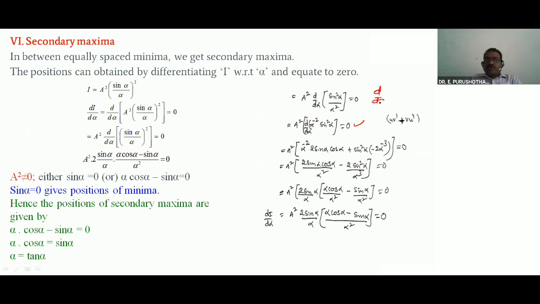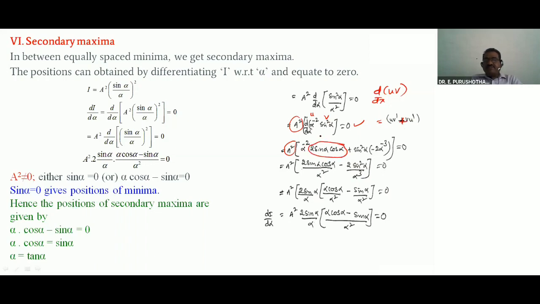a square as it is. d by dx of uv, we can write this as uv dash plus vu dash. You observe here, this is u, this is v. So a square constant as it is, u as it is, v dash is 2 sine alpha cos alpha.